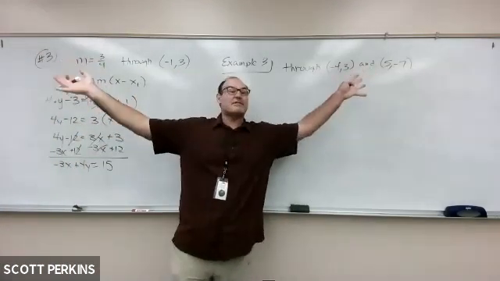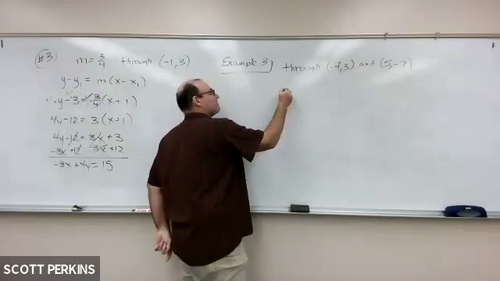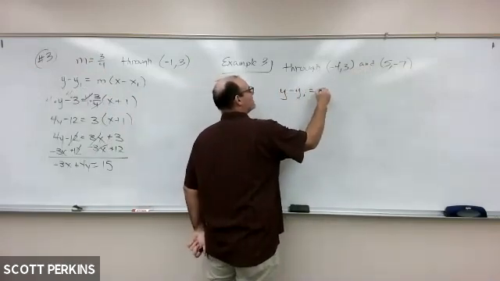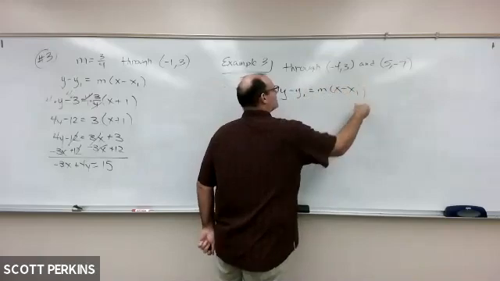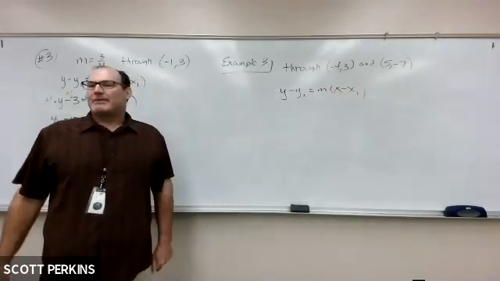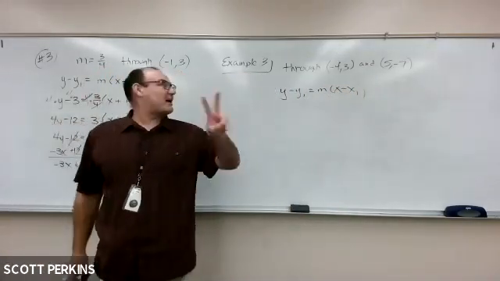So I'm writing the equation of the line. I need to use my point slope form. y minus y1 equals m times x minus x1. Okay. Remind me, what two things do I need to plug in here?